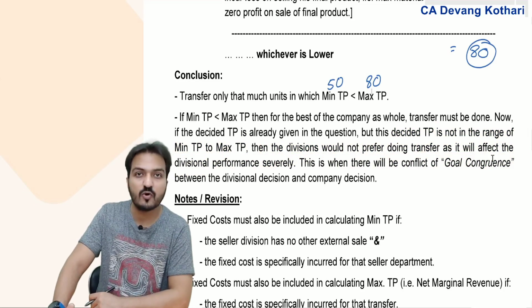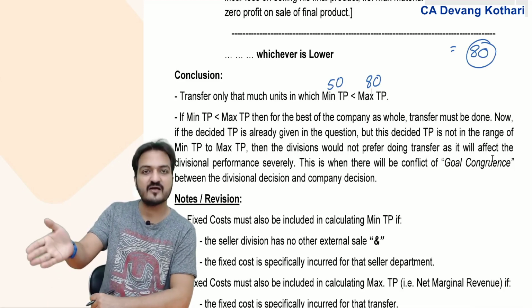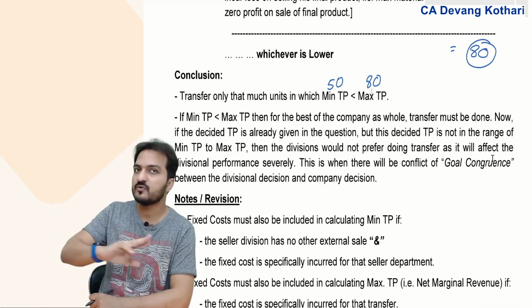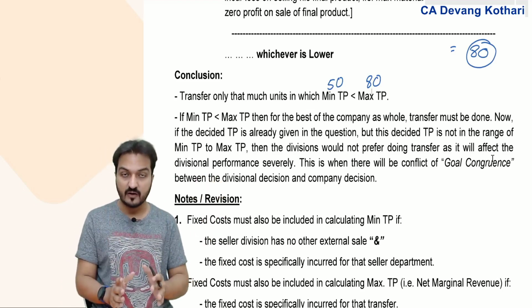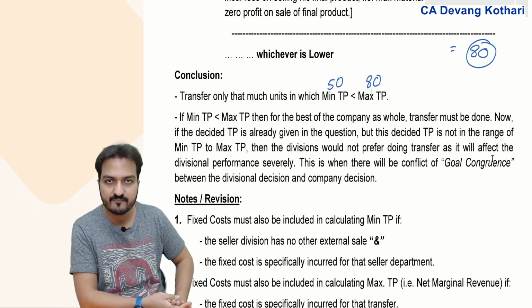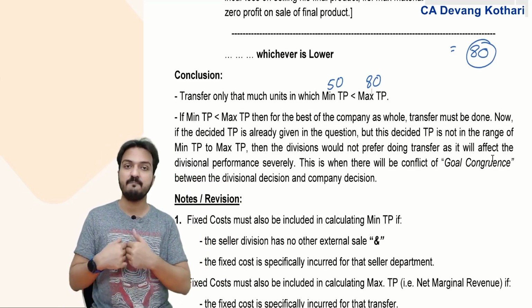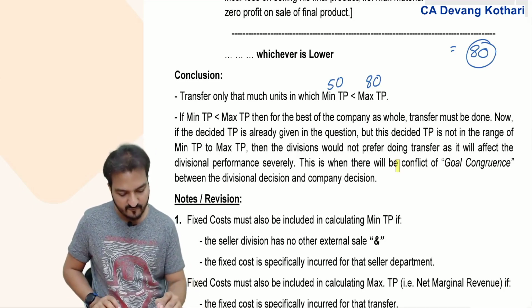Now this is what you also write in your theory analysis. You can write that the decided transfer price is not between minimum maximum. Looking at the minimum maximum, it seems that transfer should be done, but because the price decided is not in the range of minimum to maximum, the divisions will not prefer to do the transfer, due to which there is a conflict of goal congruence.